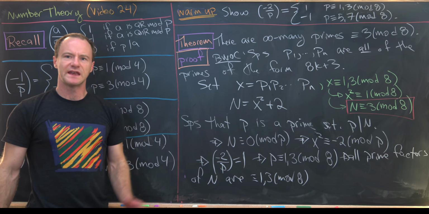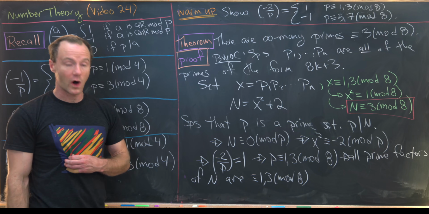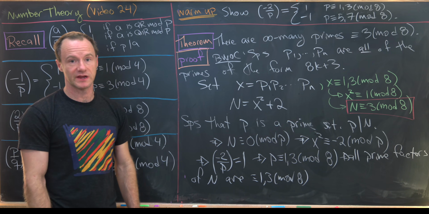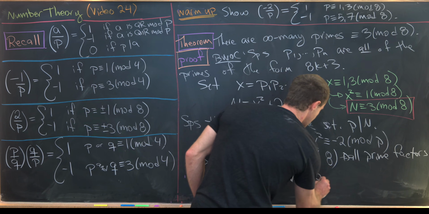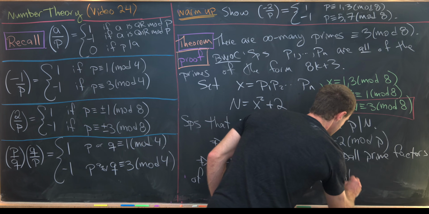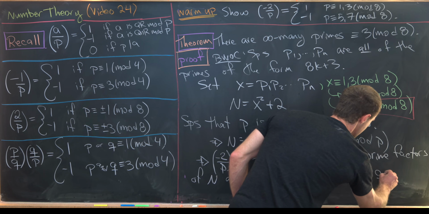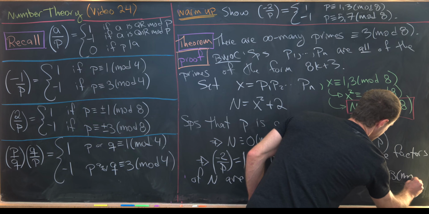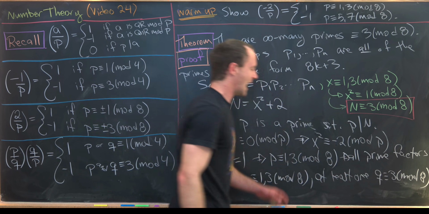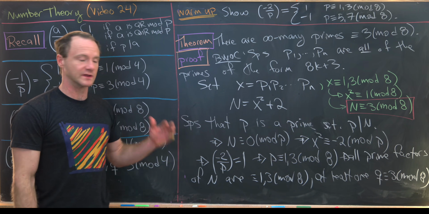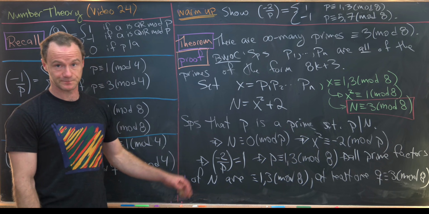Great. Now I want to argue that at least one of them is congruent to 3 mod 8. I'm just going to write that down now. At least one, I'll call it Q, is congruent to 3 mod 8. And I'll explain why verbally. You guys can write this down if you need to.